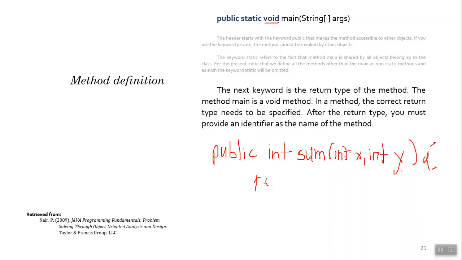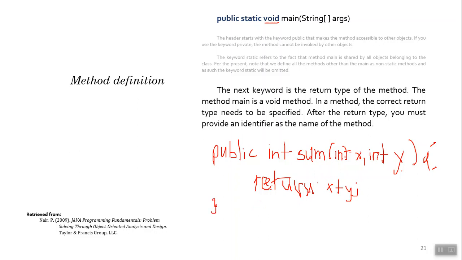Okay. So inside the implementation, we have to return something. So return x plus y, then semicolon.